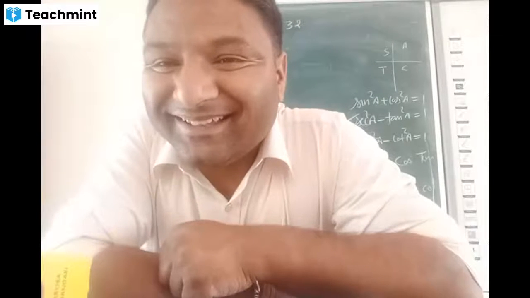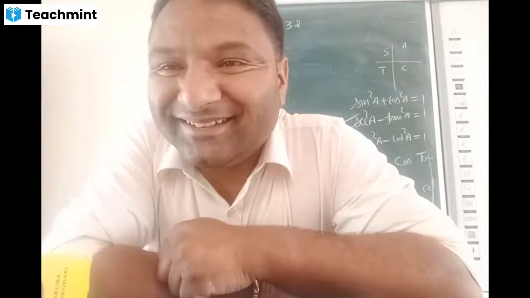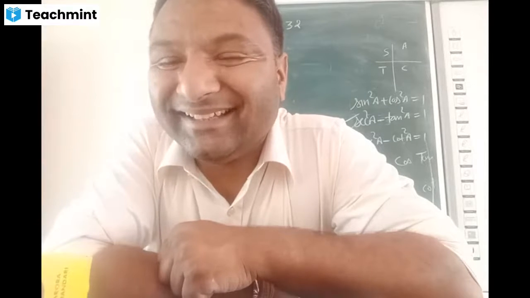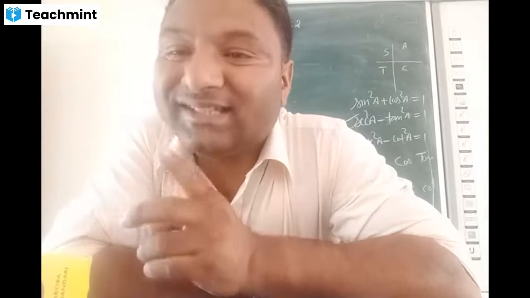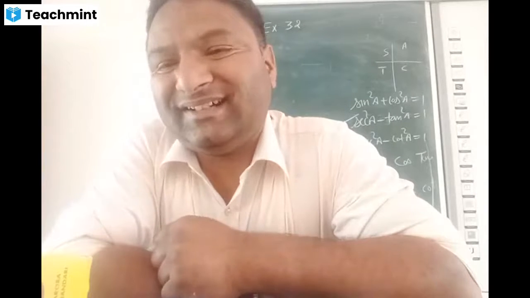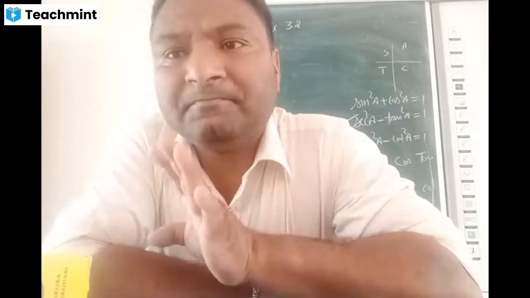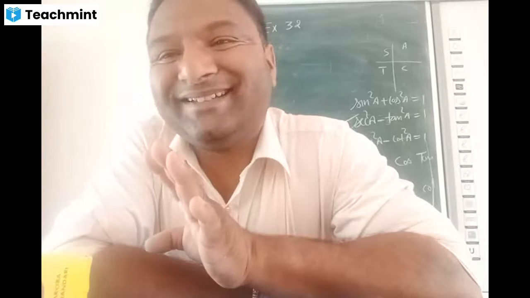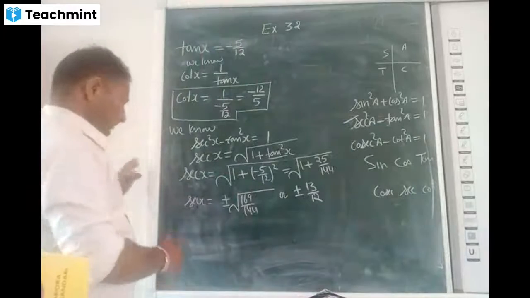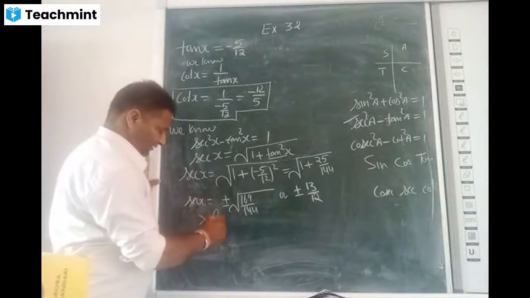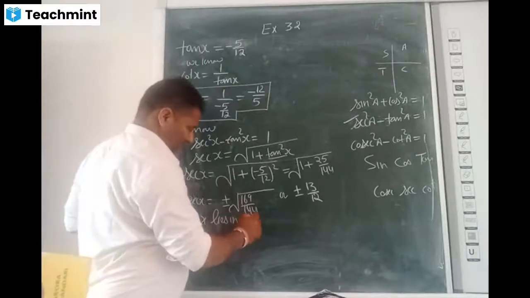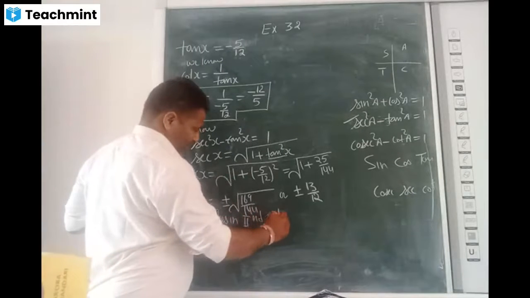Pritika, कुछ बोली? Negative, sir. Yes, who said positive? In the second quadrant, only sine and cosec are positive. Rest all negative. Okay? So here x lies in the second quadrant.